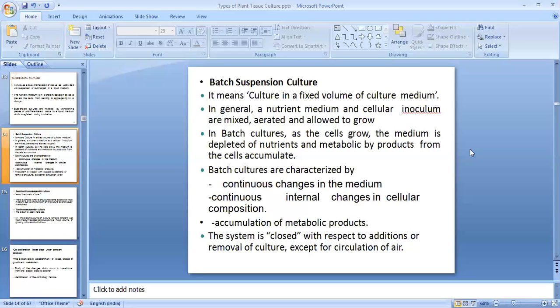The batch culture is a closed system with respect to the additions or removal of cultures except for circulation of air. That means the medium is taken once for all, inoculated, and allowed a specific period of time for the process to run, and once the changes have happened continuously, it is stopped and subculturing is done.